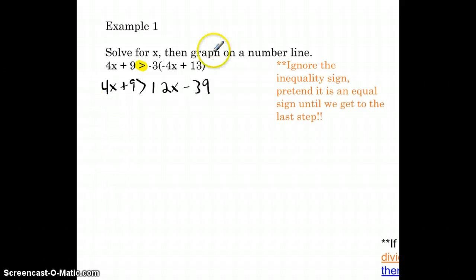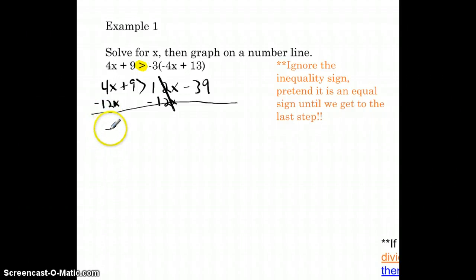Just for this example, we'll do it this way. So we'll do minus 12x because it's positive 12x here. Minus 12x. The x's here cancel out. Over here, negative 12x and 4x, that'll give me negative 8x plus 9 is greater than negative 39.